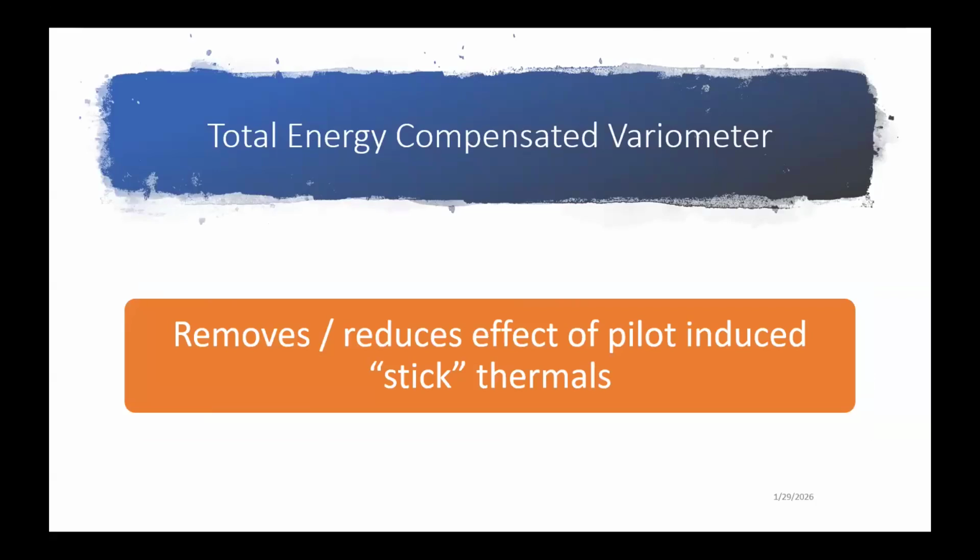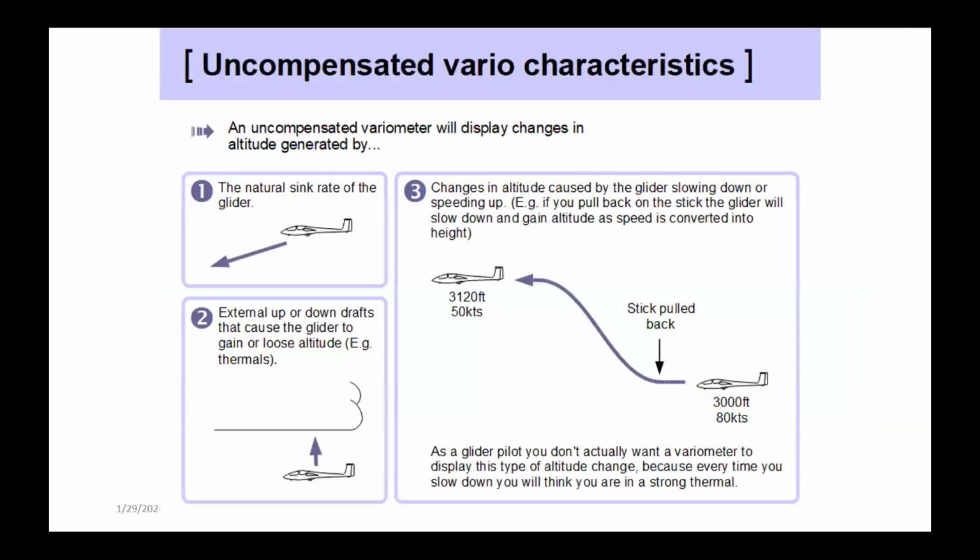Now, total energy. The goal here is, if you've got a simple variometer, we can fake the variometer out and make it think we're climbing by what we do with the control stick.